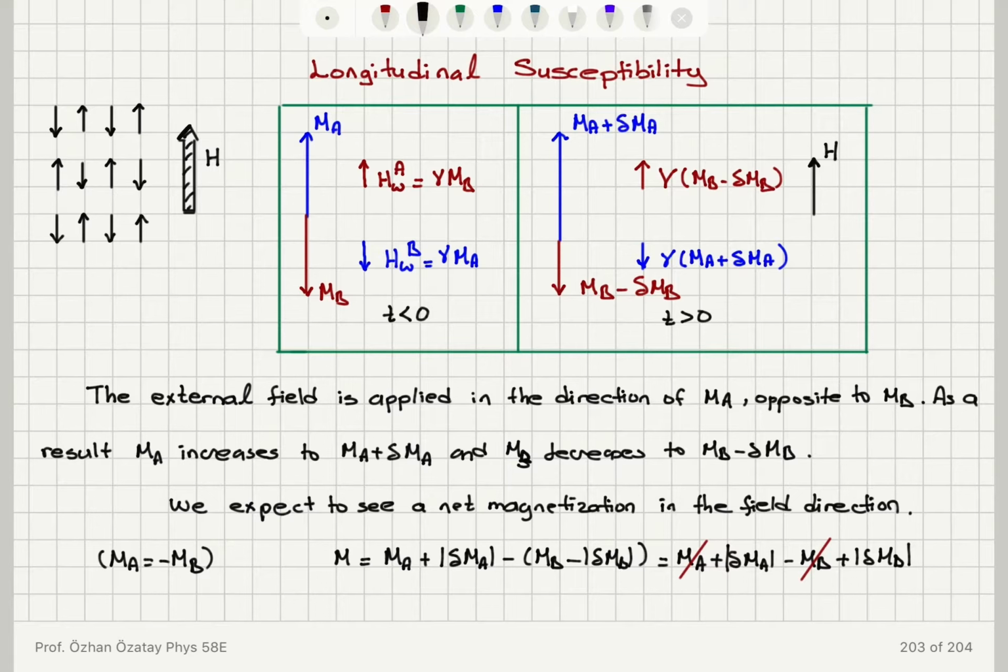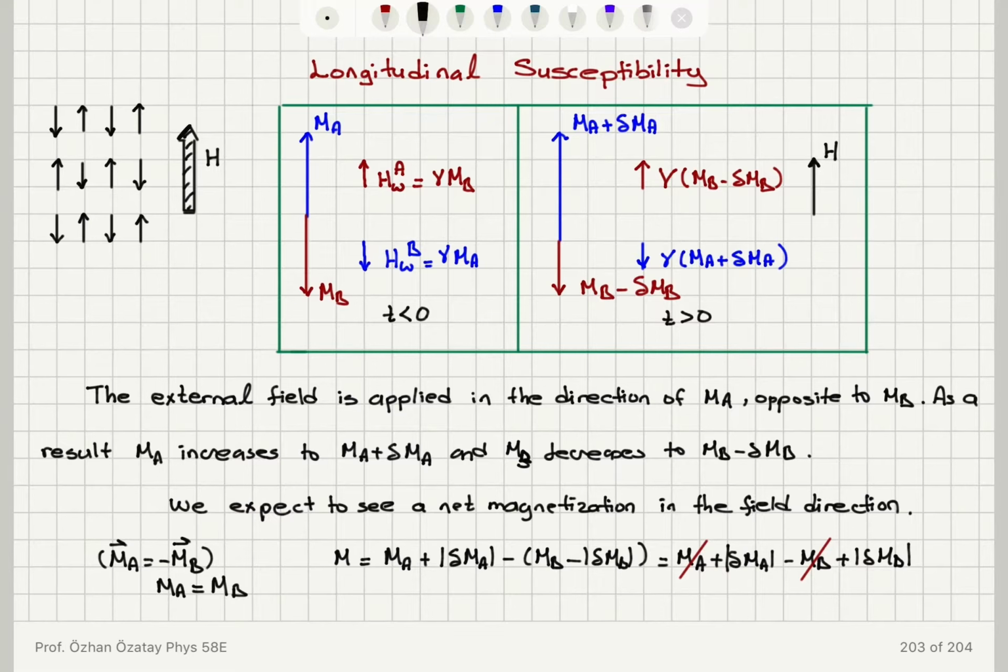So we will have delta MA plus delta MB. MA minus MB is 0. So these are the absolute values. MA vector is equal to minus MB vector, but in magnitude, MA is equal to MB.